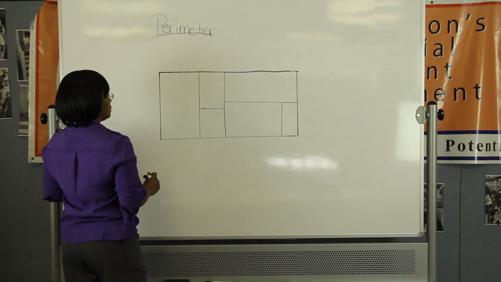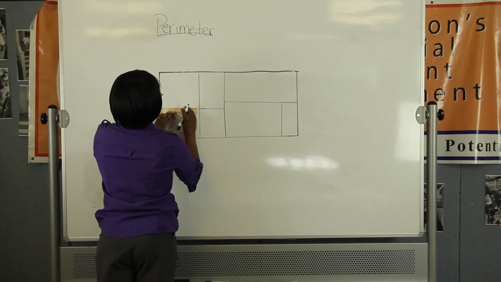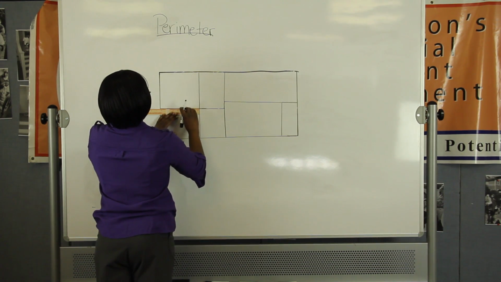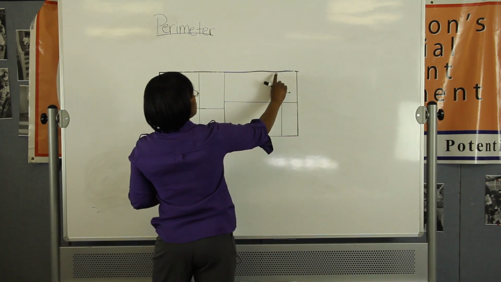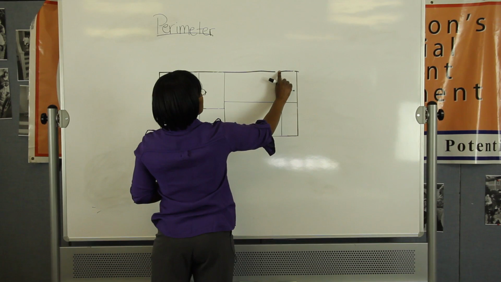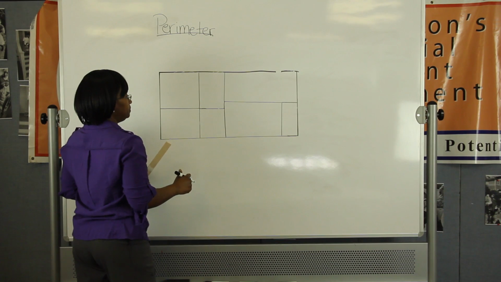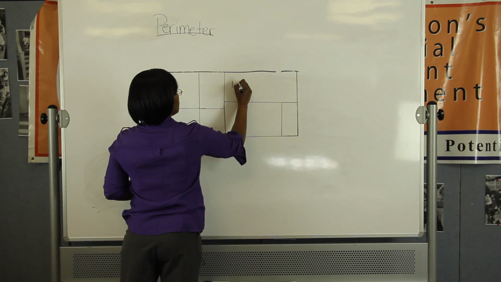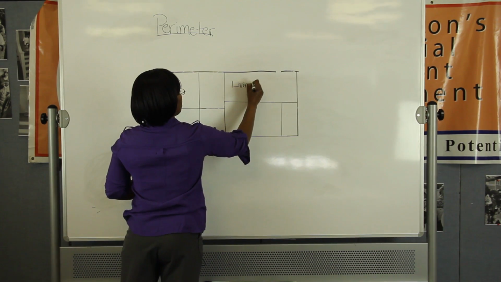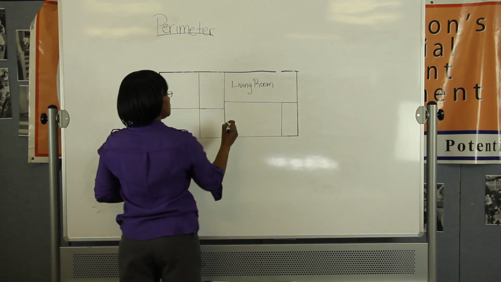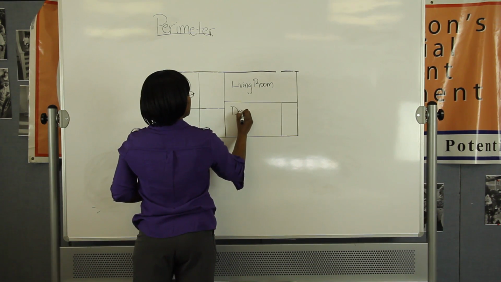So I think what I'm going to do is have another bedroom right here. And then the door is going to be right here. Here's my door. Okay? So this is going to be my living room. And this is going to be my den.